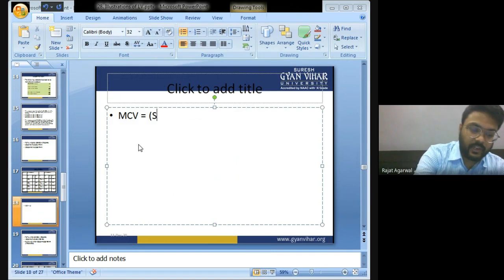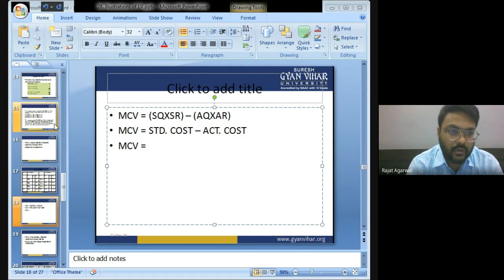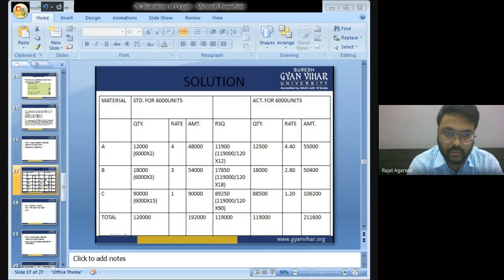The formula is standard quantity into standard rate minus actual quantity into actual rate, or you can also say standard cost minus actual cost. Now, what is the total standard cost? Standard cost is 1,92,000.